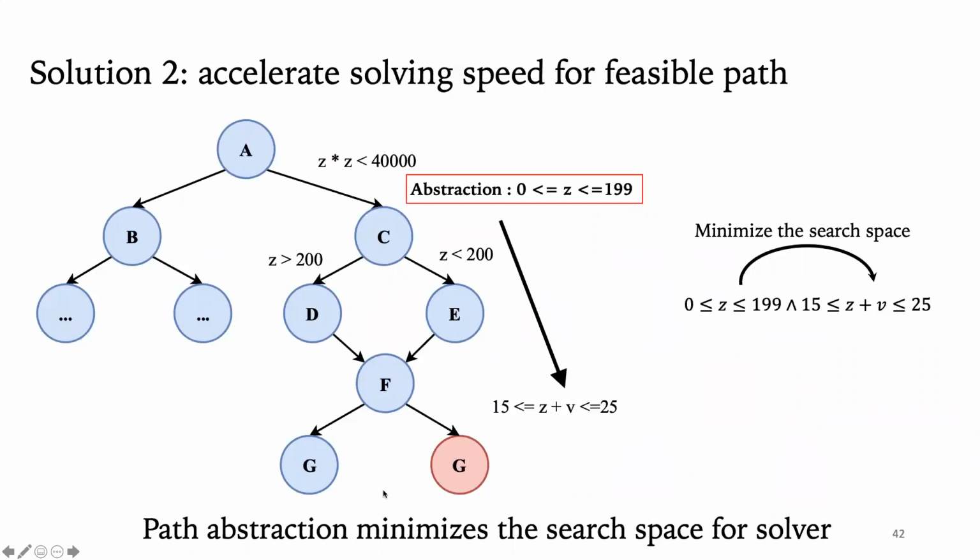Moreover, path abstraction can be reused when solving the constraint for the nested condition. Since the path abstraction is the simplified version of the partial path constraint, we conjunct the path abstraction with the path constraint, which provides a smaller search space for the solver to find the feasible solution. And thus, the efficiency of constraint solving is improved.